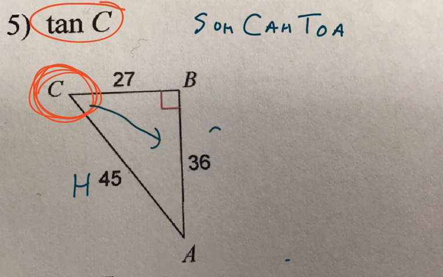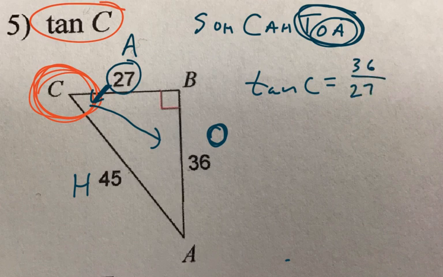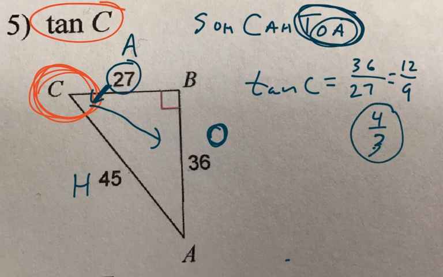Notice how the 36 is opposite of my angle C. It's on the other side from it. The 27 is my adjacent side. Notice how it's right next to angle C. Adjacent means next to. So, according to SOHCAHTOA, tangent of C will equal OA, which is the opposite over the adjacent. And don't forget to reduce. I'm going to divide by 3. Divide by 3 again. So the perfect answer is 4/3.